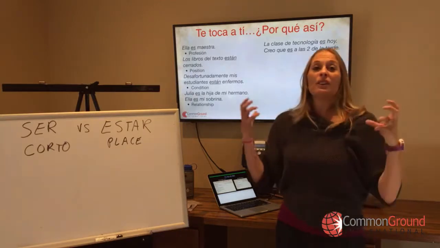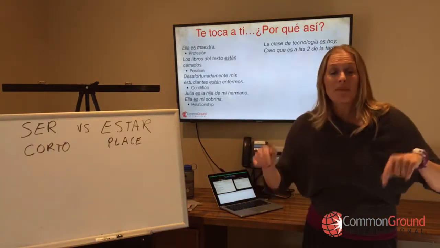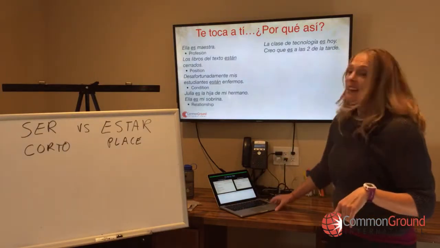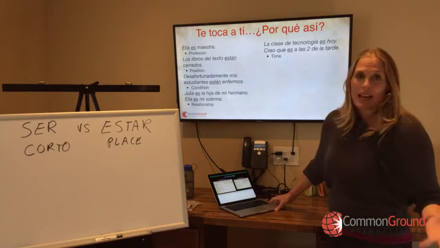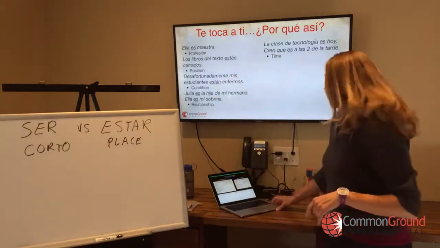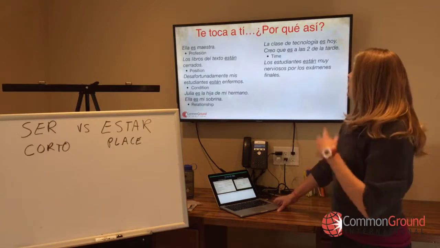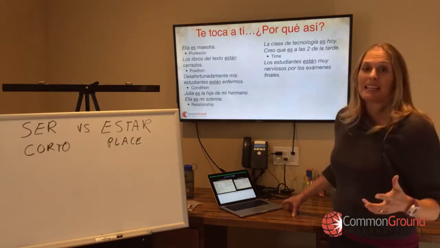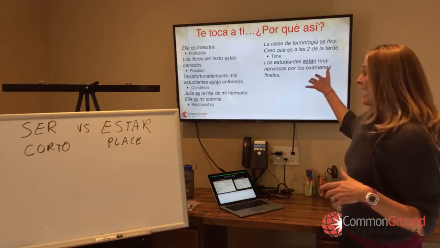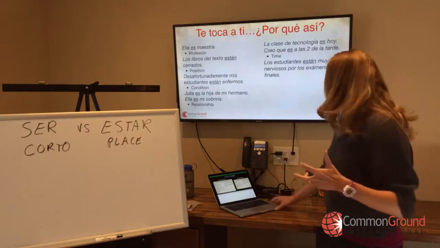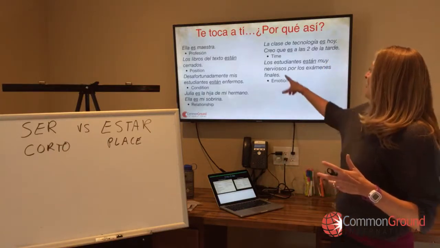So your technology class is today, and I think it's at 2. So that ejemplo is time, the T in ser for time. Los estudiantes están muy nerviosos por los exámenes finales. Estar, and we're describing the estudiantes in their emoción.